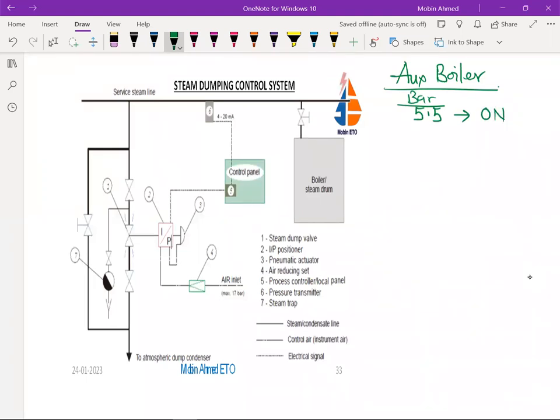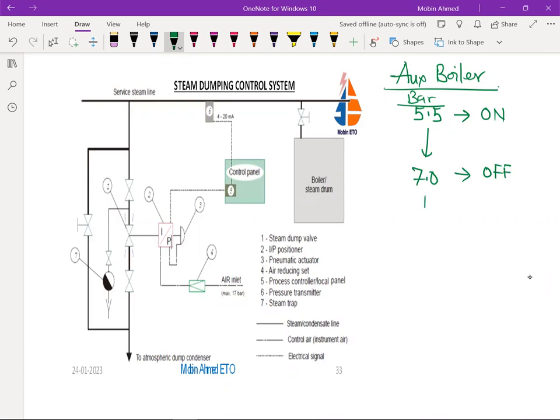So it will be on. The oil fire burner will start. It is pressure dependent, so it is going to start. When the pressure reaches, suppose, 7 bar, okay, the oil fire burner is going to be off.